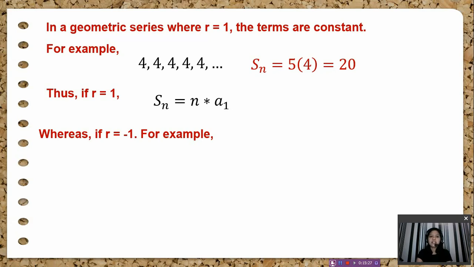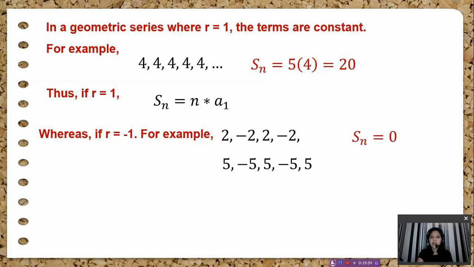Whereas, if r is equal to negative 1, for example, 2, negative 2, 2, negative 2, what is the sum? 0. How did we get 0? 2 plus negative 2 is 0, plus 2 plus negative 2, that would be 0.